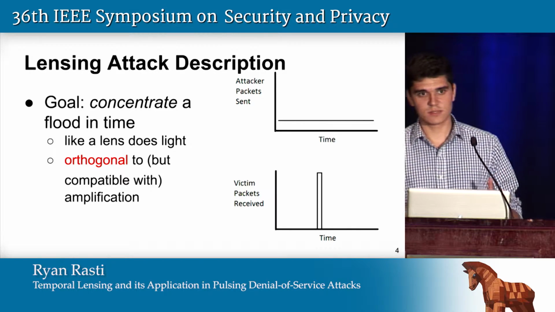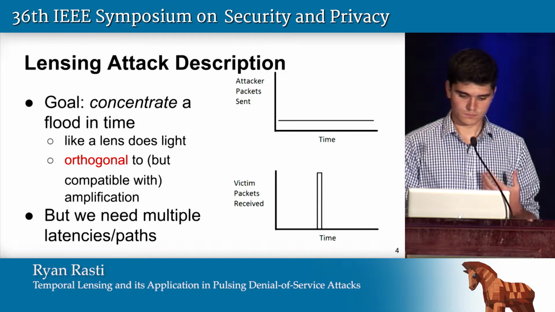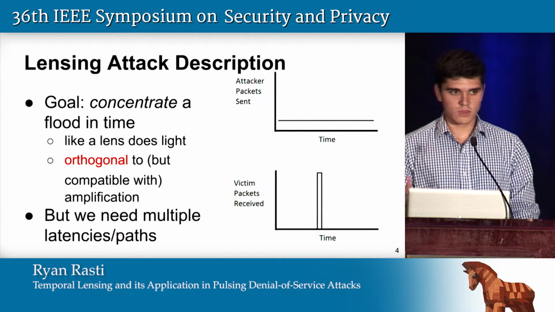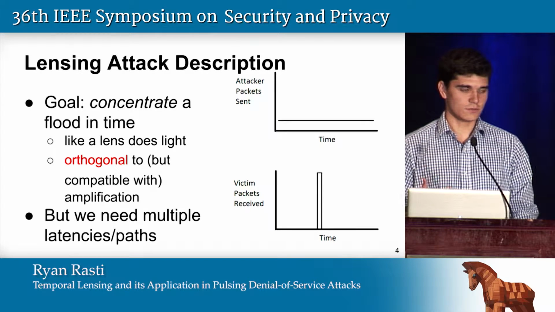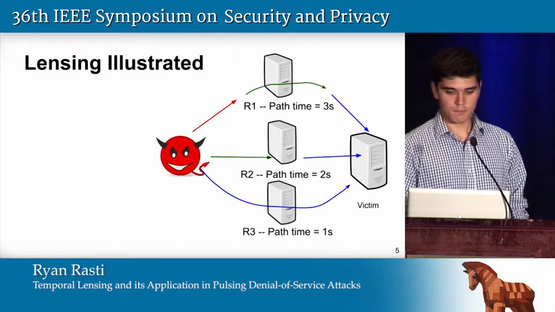And this attack is going to be orthogonal to, but also compatible with amplification. To actually leverage it, we need multiple latencies and paths for an attacker to send to, right? And so we're going to do that by using reflectors, right?